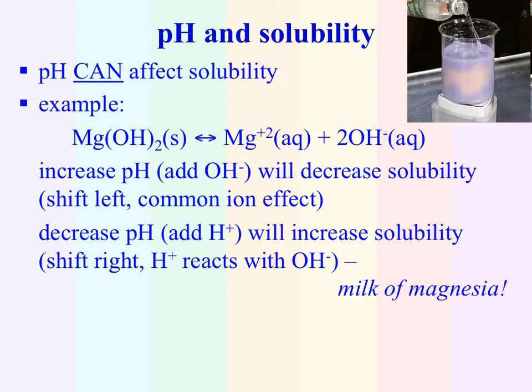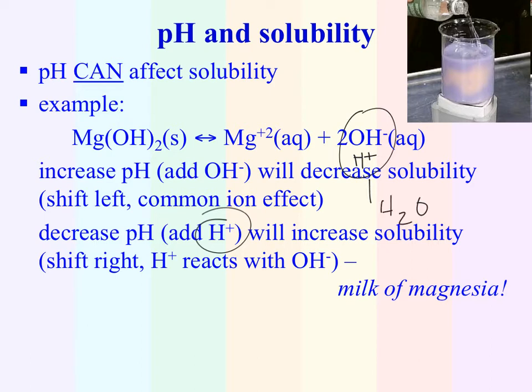Now, if we increase the pH, so if we make this solution more basic, we're going to end up increasing the number of hydroxide ions, and we're going to shift to the left. If we decrease the pH, basically adding H plus ions to this solution, the H plus is going to interact with the OH minus to produce H2O.